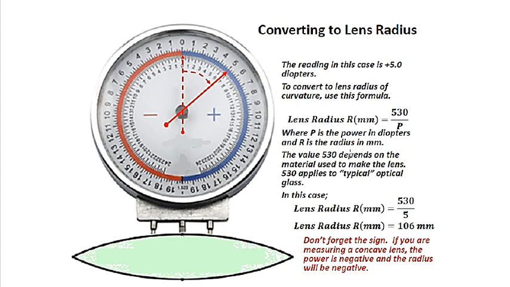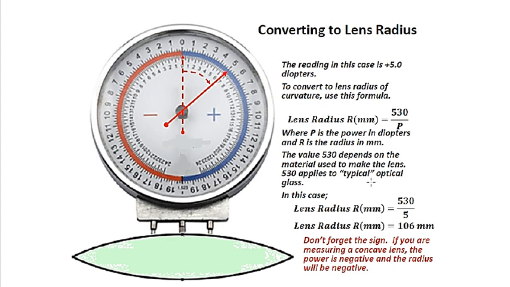For optical glass, which is the typical material, we use 530. If the lens material is different, then we use a different value according to the chart, since we have different standards for the materials.